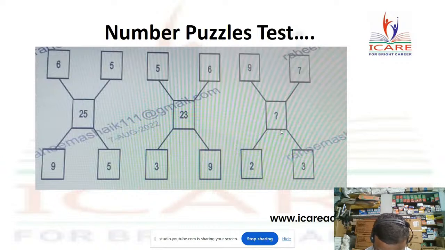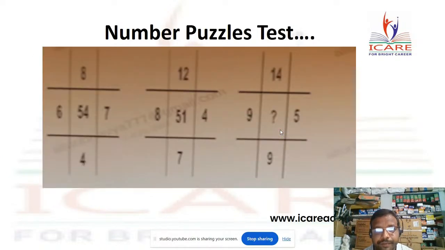Clear? Next one. This is one more number puzzle test.